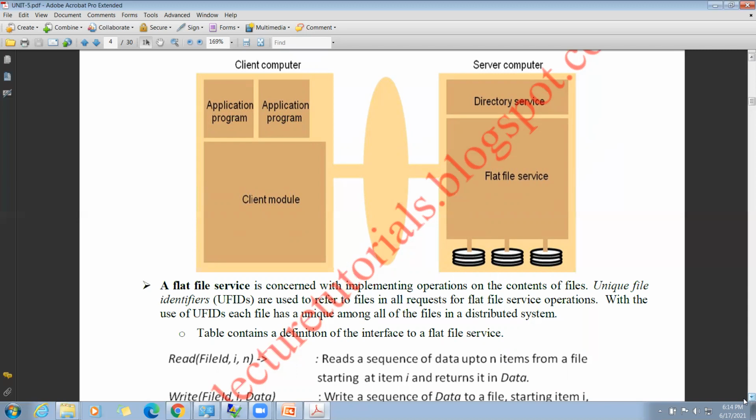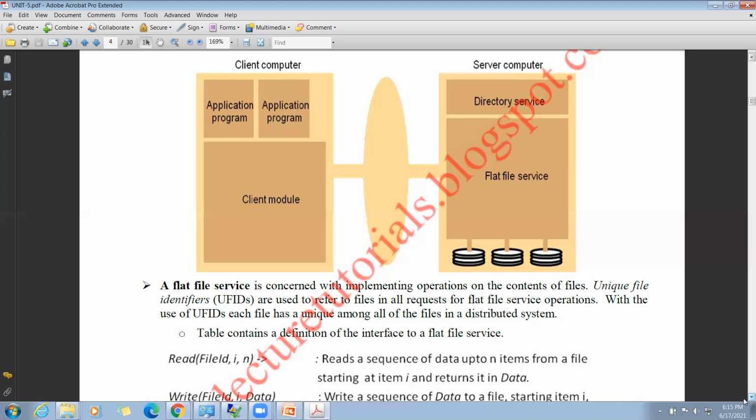Every request given by the client has the UFID, which is nothing but a unique file identifier. With the use of this UFID, each file is unique among all files in a distributed system.